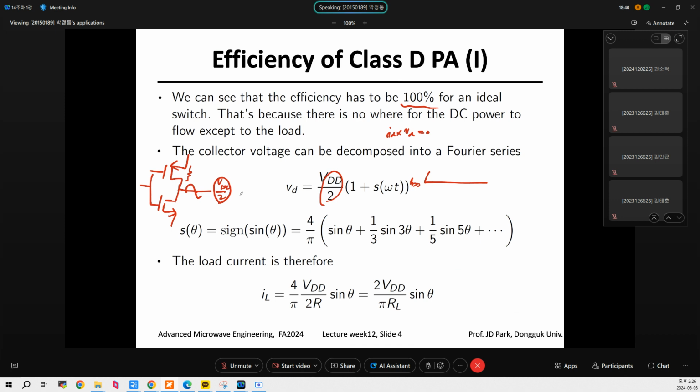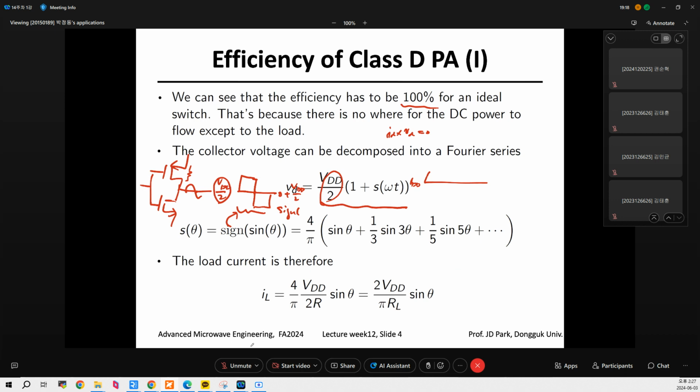Okay, so basically this is something like this. This is a sine, this is a rectangular pulse. So basically this is a 0, this is a sine, and it is moving to this value. Therefore, VD is given by this.